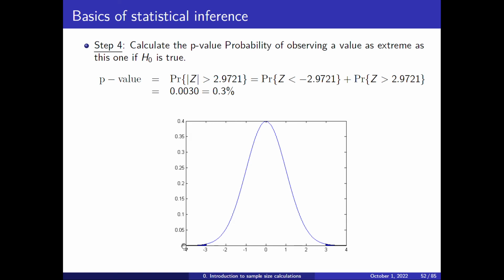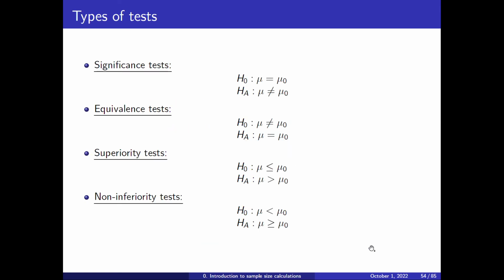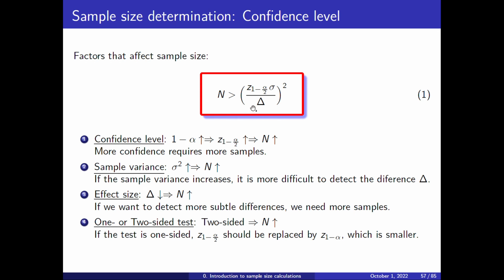So we need to find a z value such that from minus infinity to that point we have 97.5%. That is 1.96, and if to the left we have 97.5, to the right we have 2.5. Okay, so this is just a generic way to refer to this 1.96.